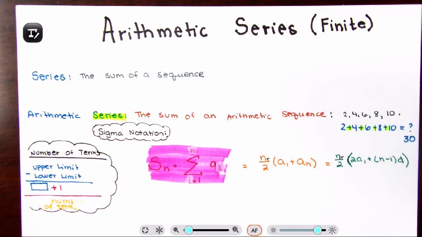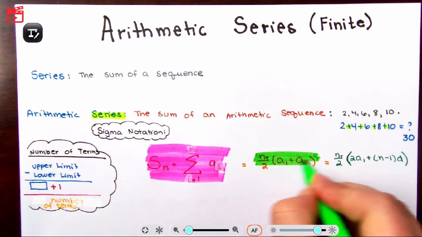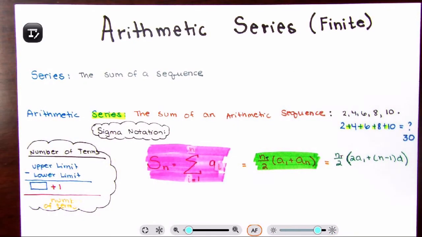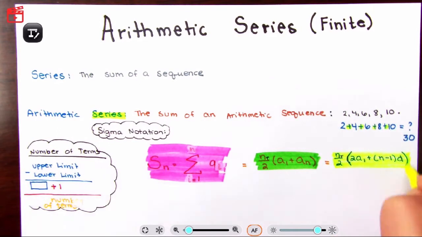This is the same thing, it just looks different, as this formula here, which is exactly the same as this formula here. So these are 3 separate formulas, 3 separate things that are equivalent, or they equal the same thing. All of them are summations. All of them are taking each term in the arithmetic sequence and adding them together.